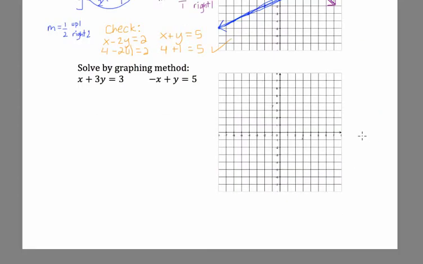Solve by the graphing method. Again, I'm going to graph my first line, graph my second line, and find the intersection point. The ordered pair that describes that intersection point will be the solution to my system of equations.